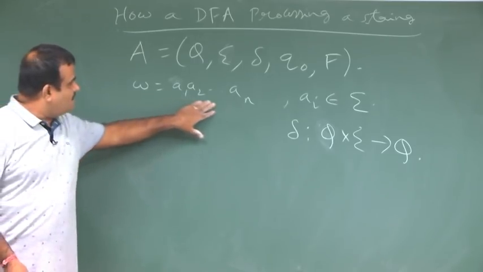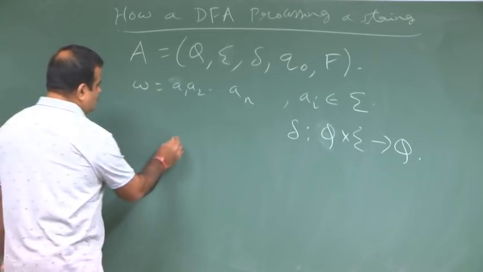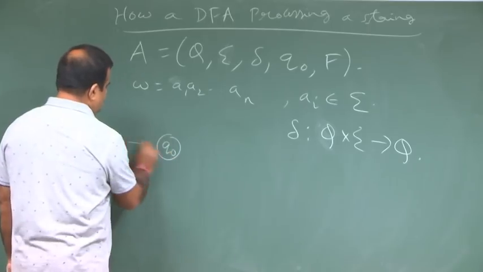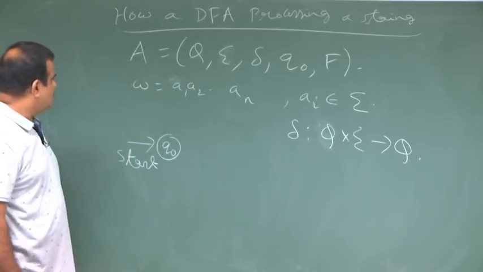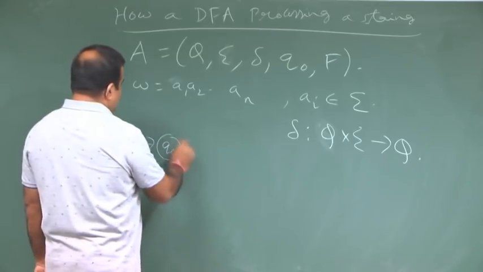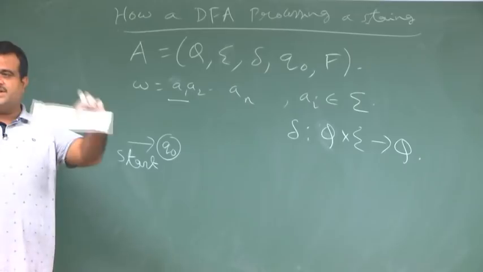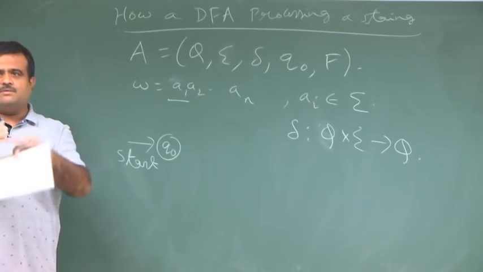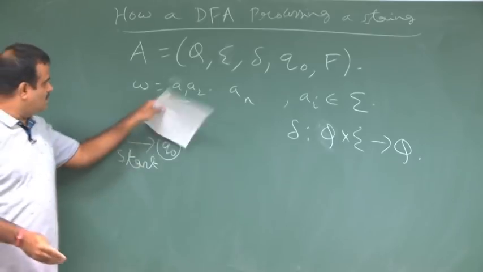But if we have a string, how will we process it? Basically, we start from q0, which is the starting state, then we have the input, we put it into the tape and we keep on reading it. We first read A1.